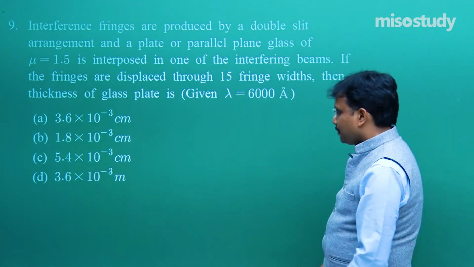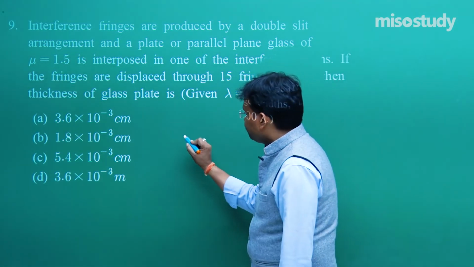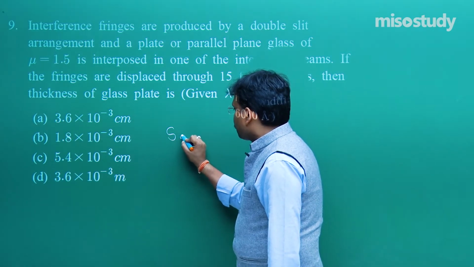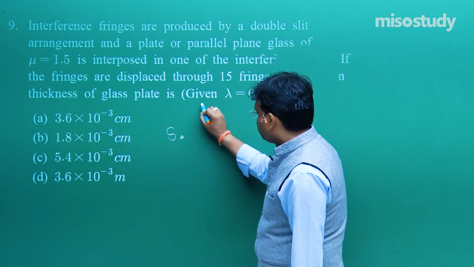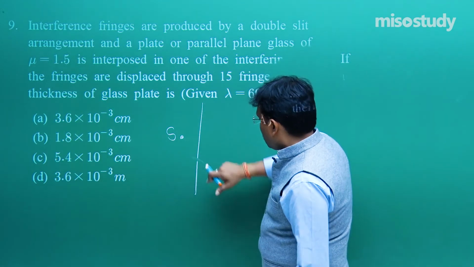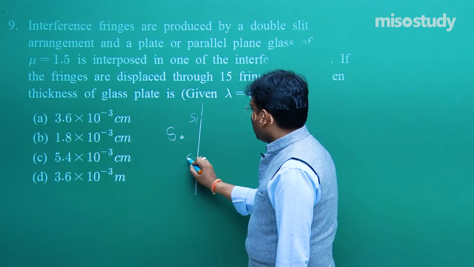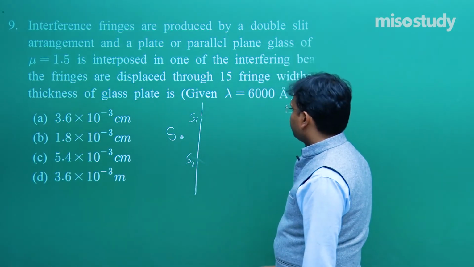Actually the problem is, let me show you once again. This is the first source. After that, these are S1 and S2, two slits.